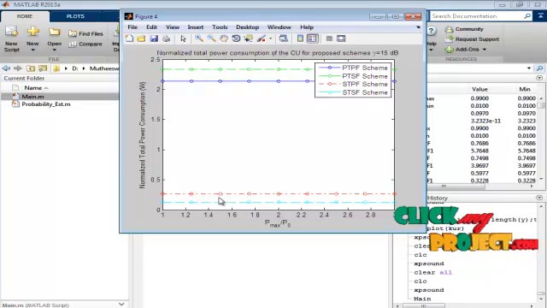Here also four schemes are compared. Finally, we analyze the graph, that is, the STSF scheme is the best compared with the other three schemes.